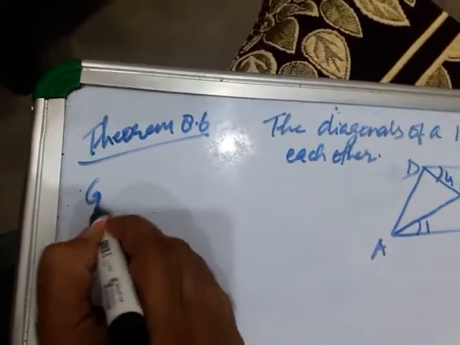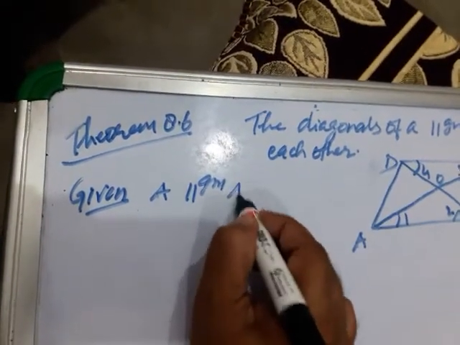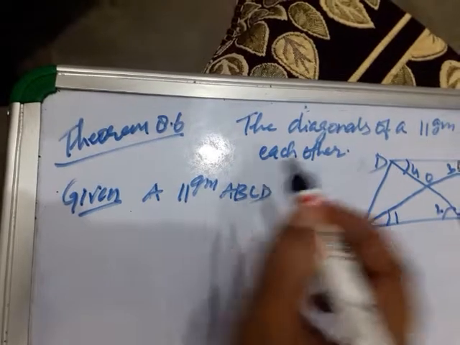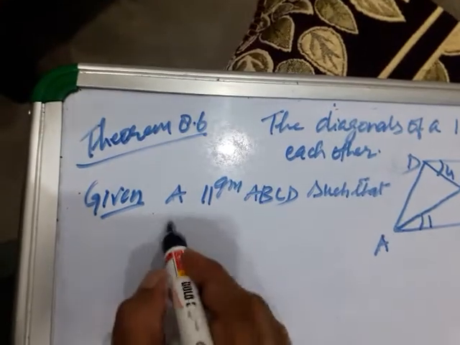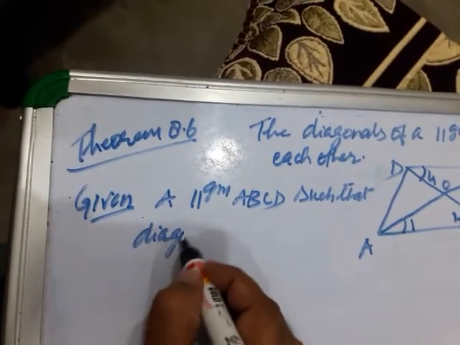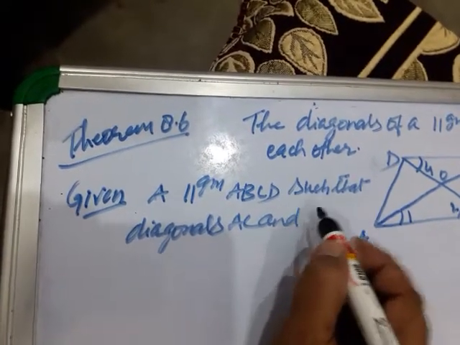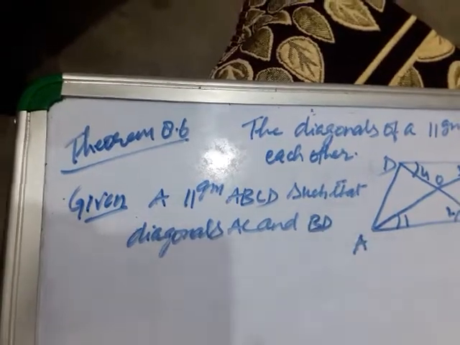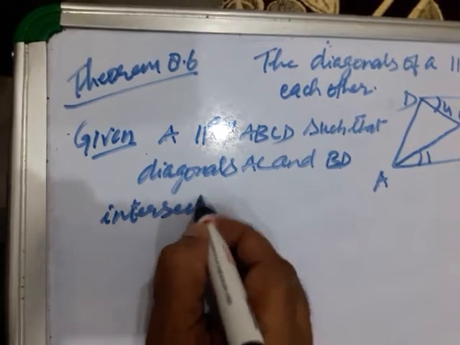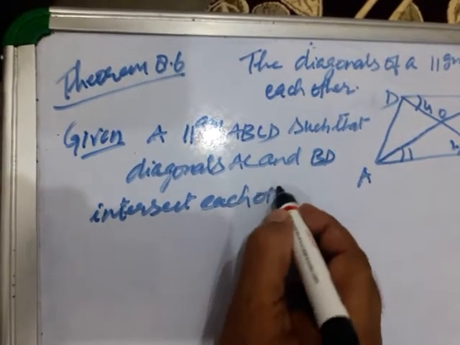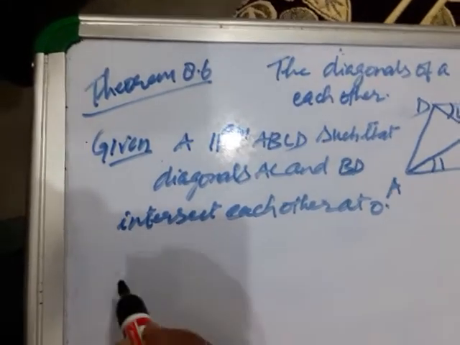Given a parallelogram ABCD such that the diagonals AC and BD intersect each other at O. Okay children, now what we have to prove?